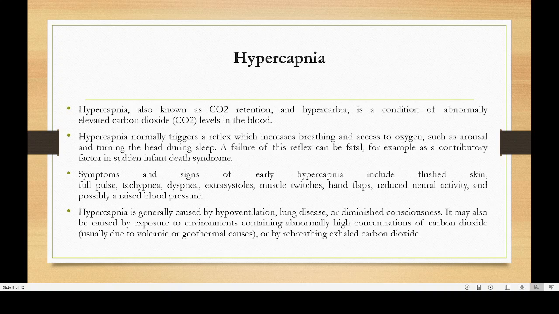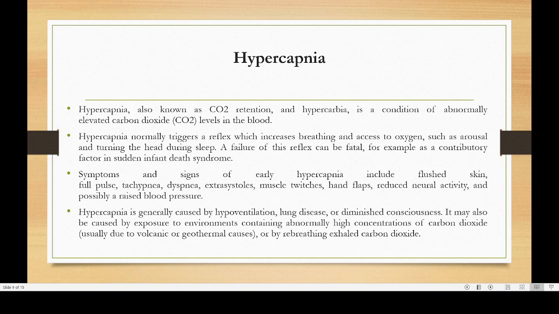If that is not detected properly, this turning of the head from right to left or left to right is not working properly. It is actually a nervous mechanism, and that nervous mechanism is not happening properly. So there will be increased carbon dioxide content and reduced oxygen content, and finally the baby will die.